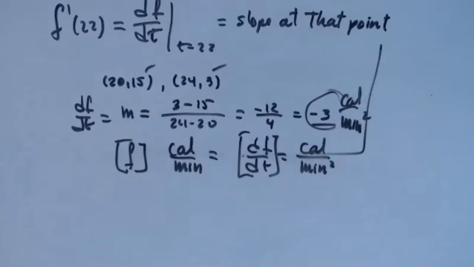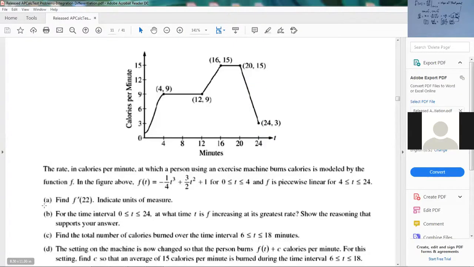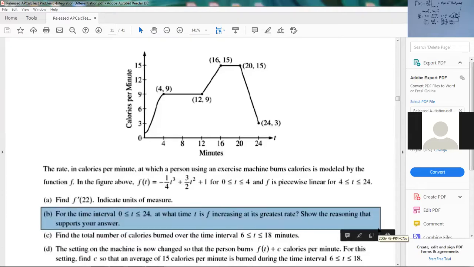Let me just go to the second one. Here it says B. For the time interval from 0 to 24, at what time t is f increasing at its greatest rate? Show the reasoning that supports your answer. So increasing at the greatest rate means the slope of the tangent line is the highest.